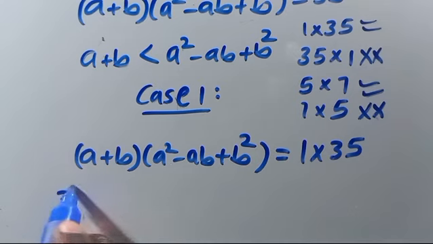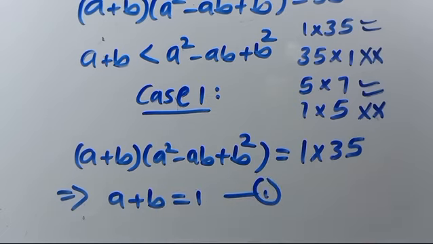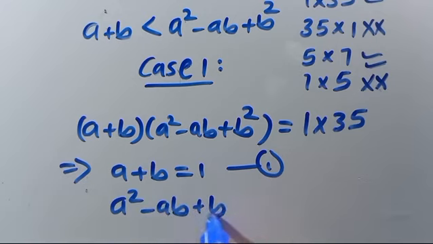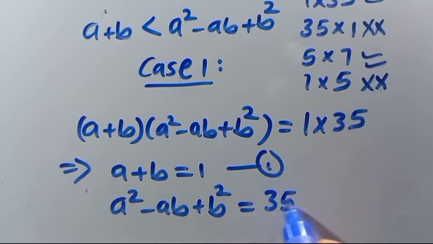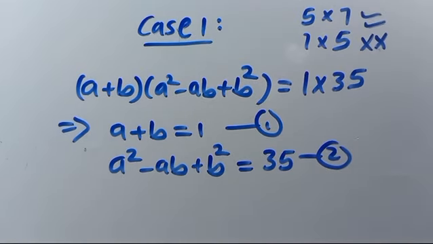So this implies a plus b equals 1, then a square minus ab plus b square equals 35. That's equation 2.